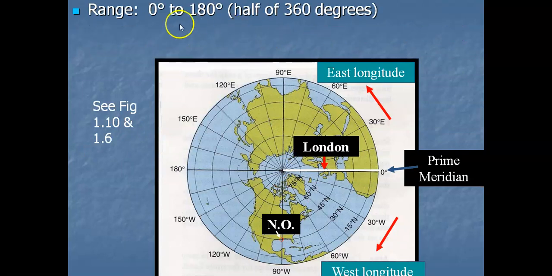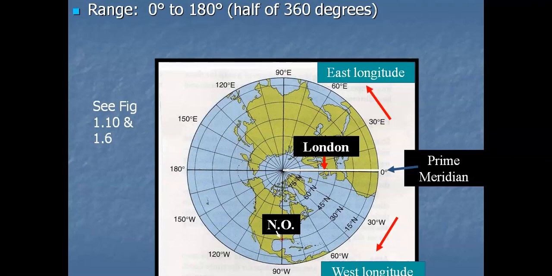So, the range is zero, all right? So here we've got the North Pole, and there's London, England, and that's the zero starting line, and it would continue into the southern hemisphere and converge to the South Pole, all right? Now, since there are 360 degrees in a sphere, it was decided that the maximum reading of longitude would not be the full circle of 360 degrees.